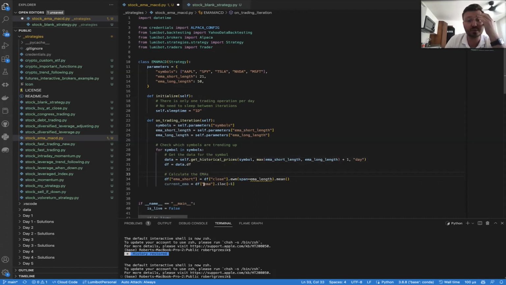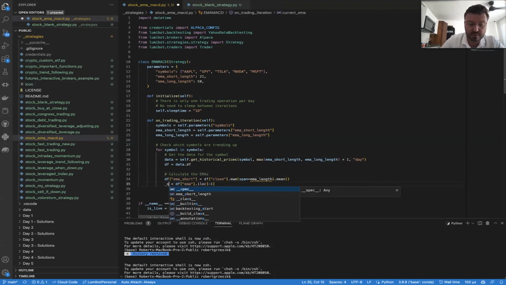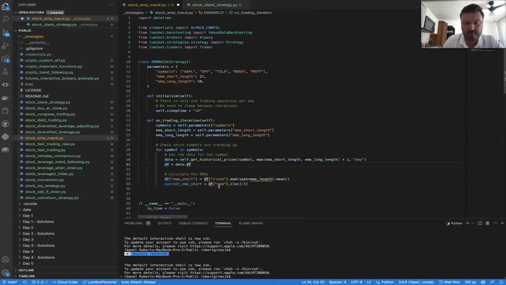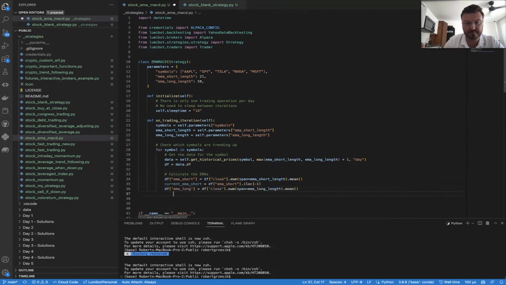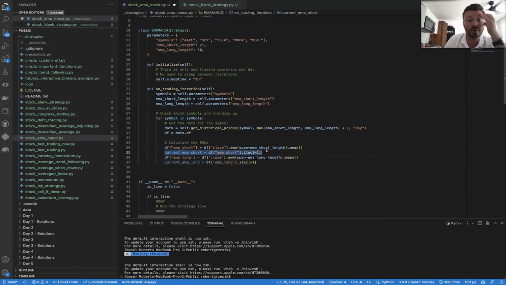So EMA short is going to be current EMA short with the EMA short length, and then DF EMA long. Current EMA long. Okay, so now we have our current short EMA and our current long EMA.